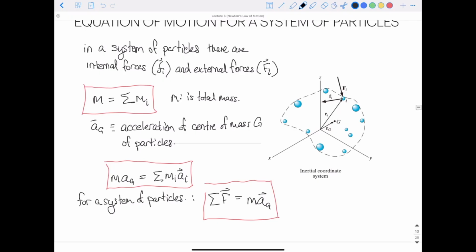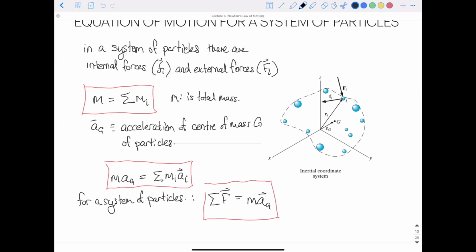So then the difference between the internal and external forces is that the internal forces are the forces acting in between all of the particles. So say if we imagine this is a planetary system, perhaps, and gravity was acting as a force between all these particles.